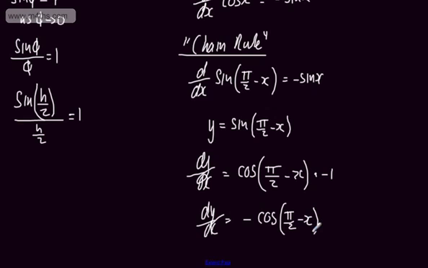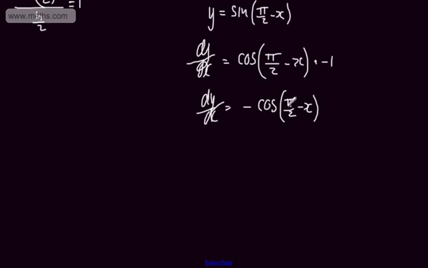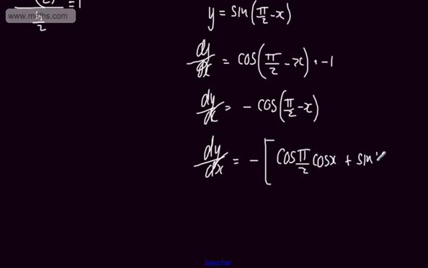Now cos of pi by 2 minus x is sine x, but we might want to show this using the addition formulae. I doubt that you would be expected to show it, but it's worth it anyway. Using the addition formulae, we get the cos of pi by 2 multiplied by cos x plus sine of pi by 2 multiplied by sine x.